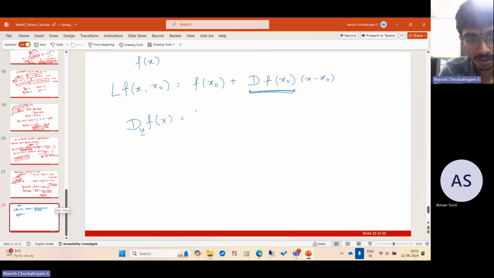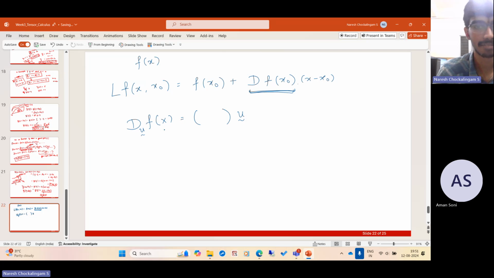You have a certain quantity acting on u. If you have the direction u1, you find the directional derivative in that direction. You have u2, and you find the directional derivative. Adding u1 plus u2 gives another direction, and in that direction, the directional derivative will be d u1 f of x plus d u2 f of x.